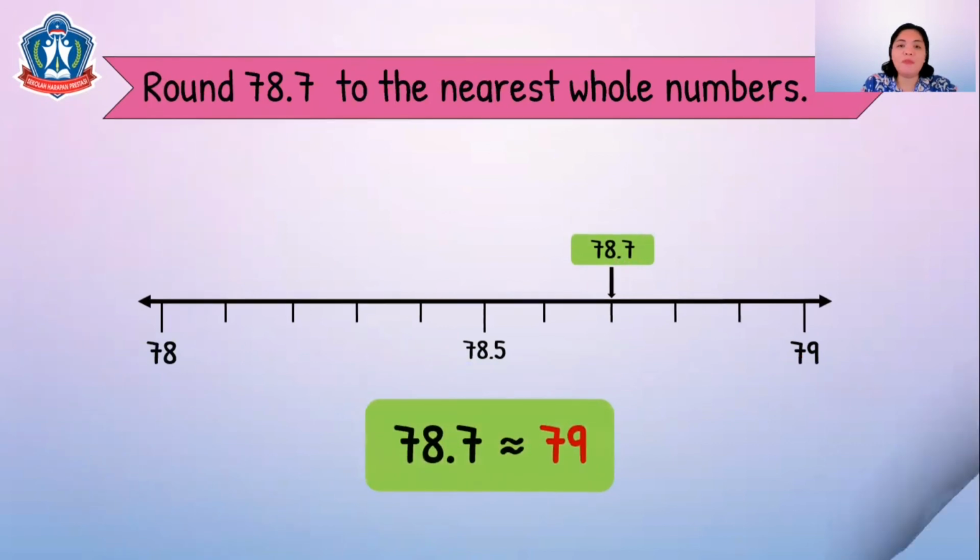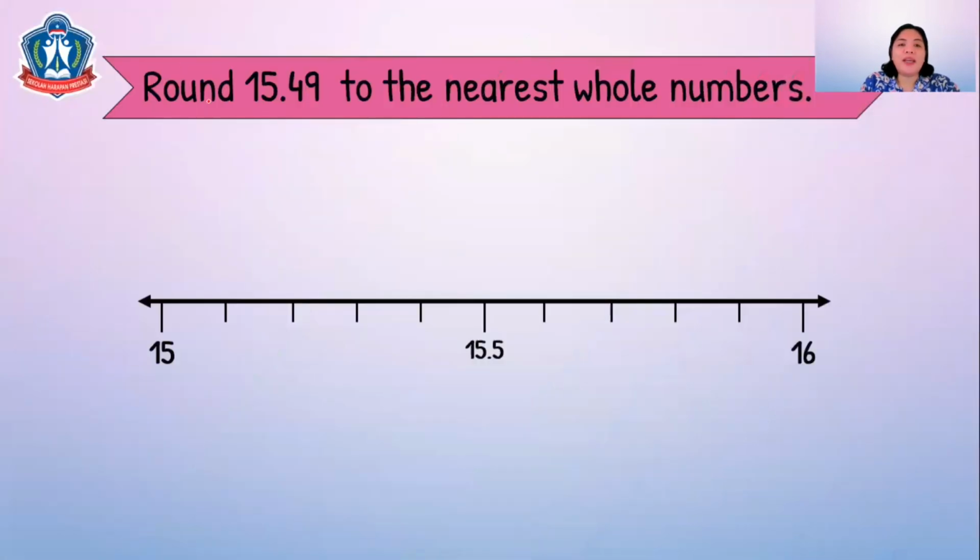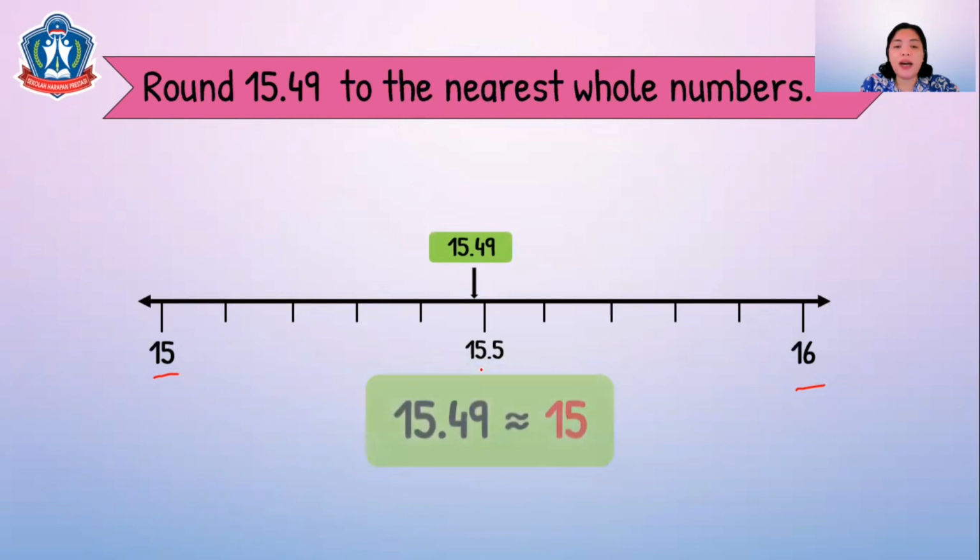Okay, P5. Another. Let's round 15.49 to the nearest whole number. So we have here 15 and 16. 15.49 is between these two numbers. Now, 15.49 is around here. It does not reach 15.5.